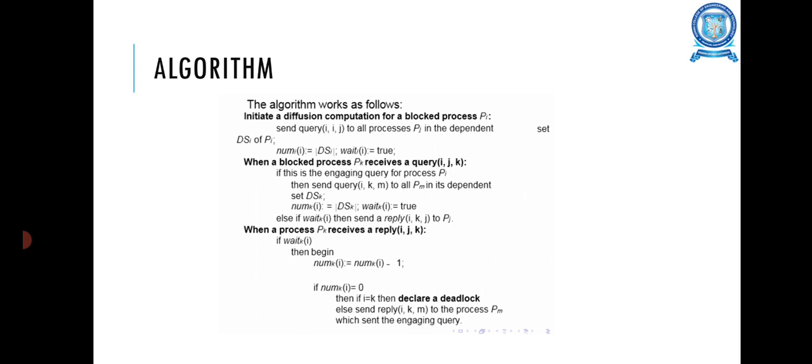When the process Pk receives a query that is not engaging, then it sends a reply message. When a process Pk receives a reply, it waits, then decrements the num value; then, if it is the initiator, it declares deadlock, otherwise it sends a reply message to the engaging query sender.